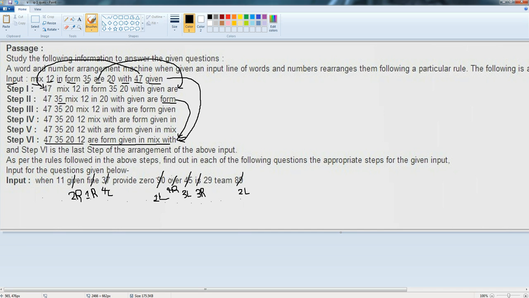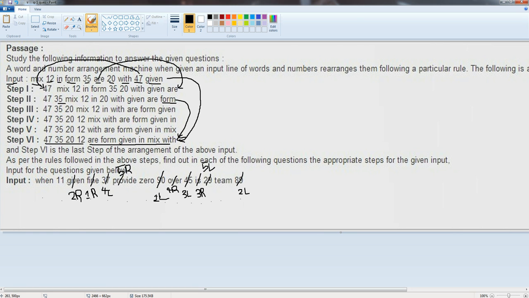The fifth number is 29, it will be moving left, cross it, number it 5 left, and the word will be provide, 5 right.